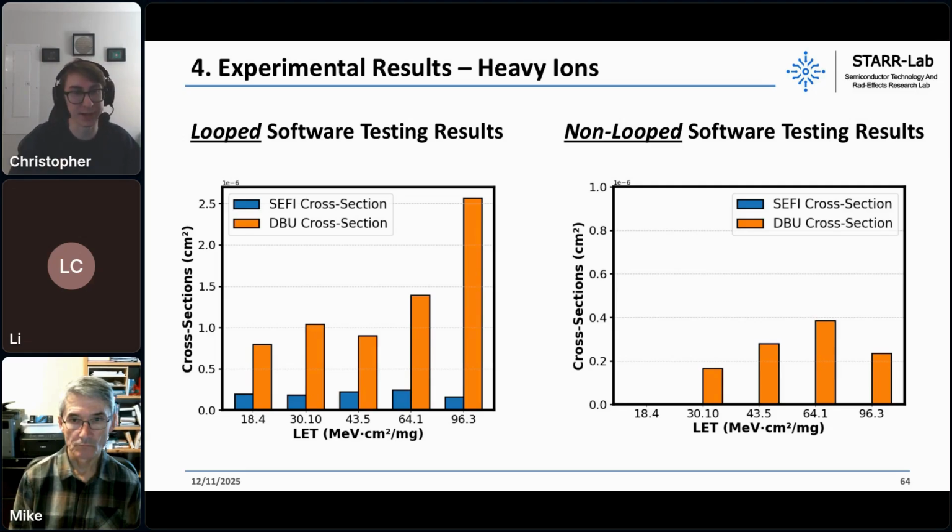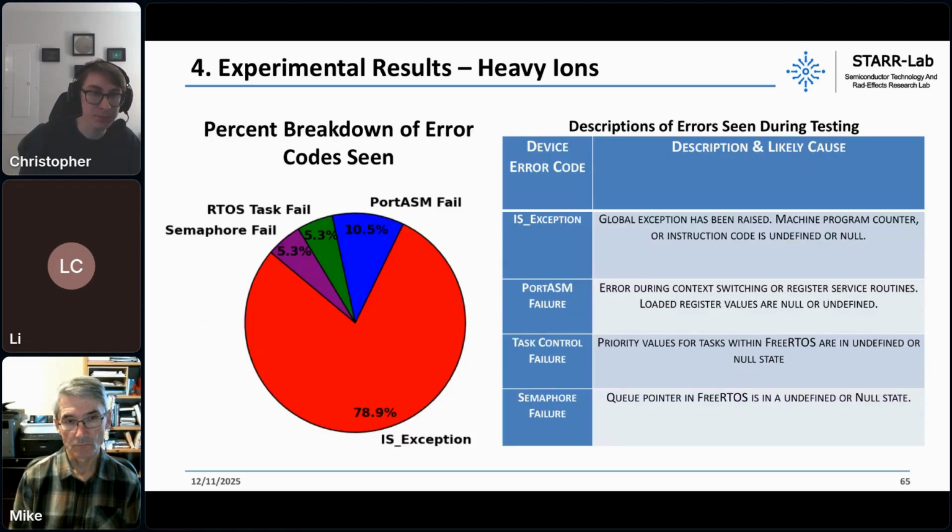Something really interesting is that typically we'd expect that as the LET increases, so should the SEFI sensitivity. It should also increase in tandem, but we actually see it remains relatively flat here. That's quite interesting. And if we look at the non-looped result, of course there is no SEFI cross section to show, just because we didn't see any software crashes or unit test failures or anything for that software testing mode.